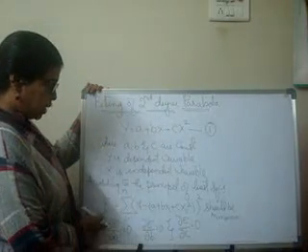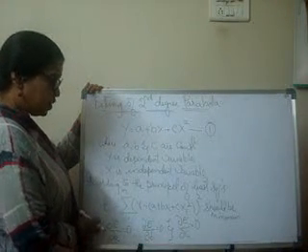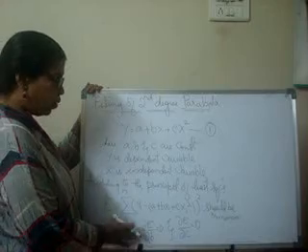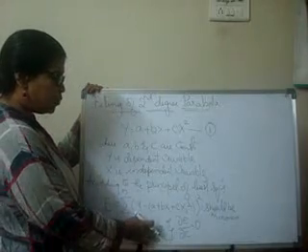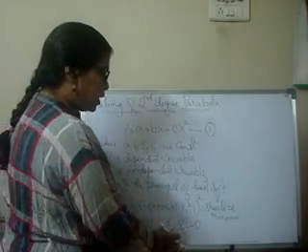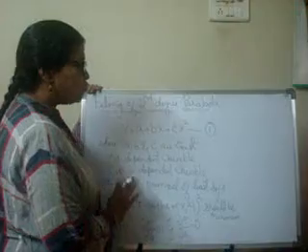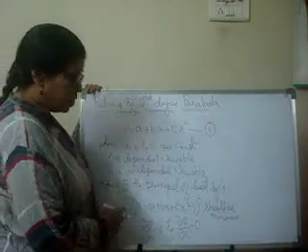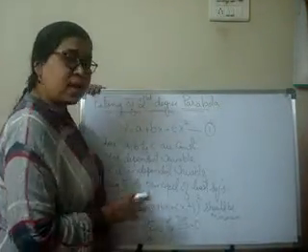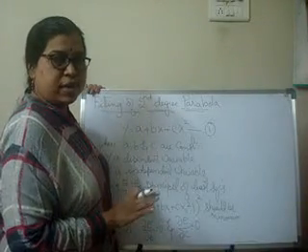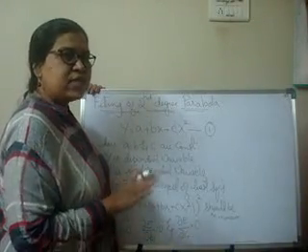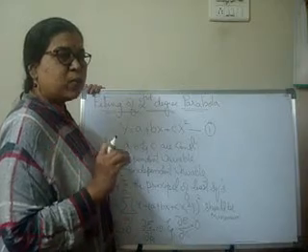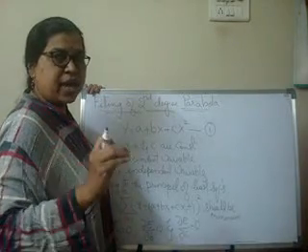We do the partial differentiation: ∂E/∂a equals 0, ∂E/∂b equals 0, and ∂E/∂c equals 0. We have to solve these three equations. As I said, we are going to get the normal equations, and by solving these normal equations, we can get the values for the constants a, b and c.